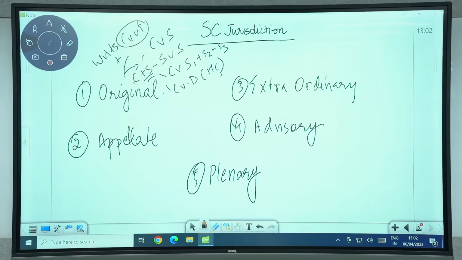Now what are transfer petitions? First, you're transferring from the High Court to the Supreme Court. 2, you're transferring from one High Court to another High Court. Both are possible. We are referring to transferring between the High Court and the Supreme Court, because they have very similar jurisdictions.